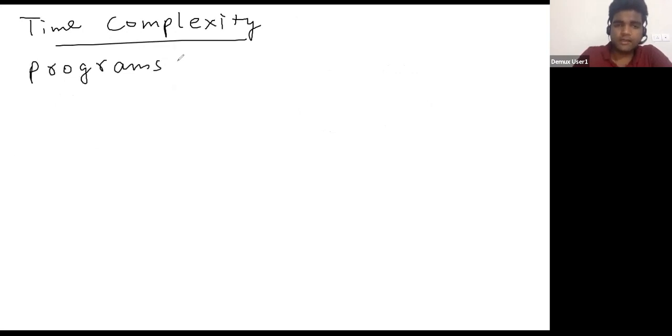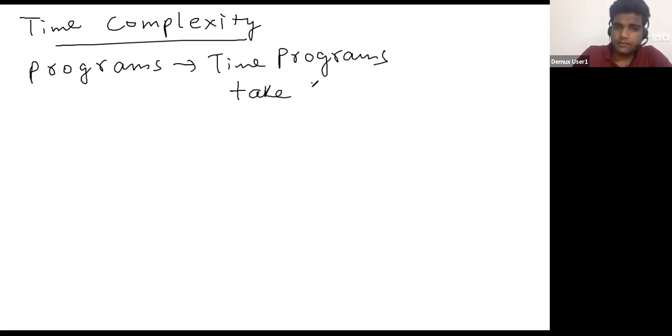We want to measure the time that programs take to run on a computer, and we want an approximate analysis so that we are able to compare two programs which do the same task. We want to compare which program is faster, which program is slower. That's basically the objective of doing this time complexity analysis.